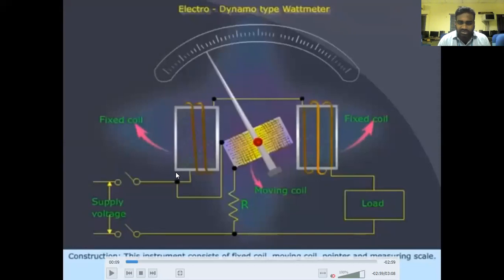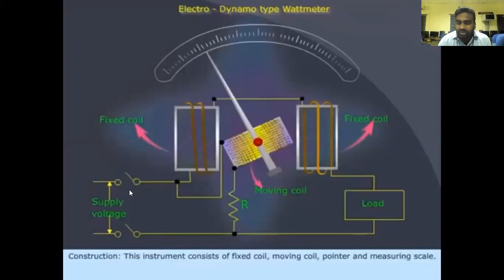If we see the construction, this is where we have applied the supply voltage. Observe carefully. From a constructional point of view, an electrodynamometer wattmeter has fixed coils and a moving coil: two fixed coils and one moving coil.